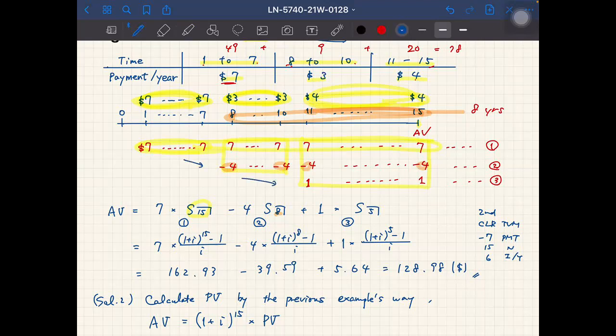So we get the shorter annuity by going forward. So the initial payment goes forward. So in this way, we can calculate accumulated value by a linear combination of s angle n.